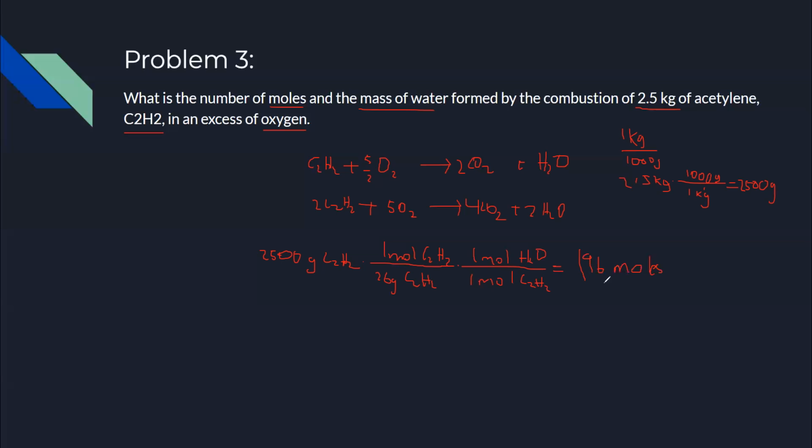So this is part A. So 96 moles of H2O. And then you have to go one step further. So I'll just continue this whole thing. And then 96 moles, so it'll go all the way over here.